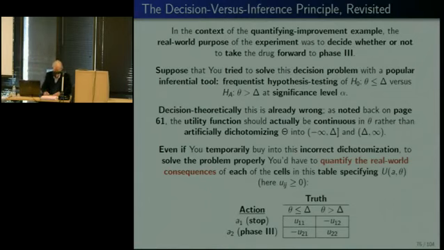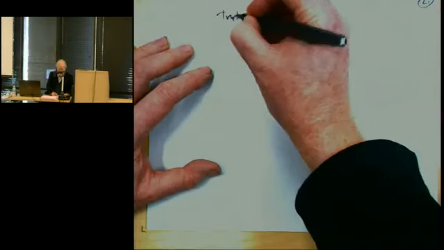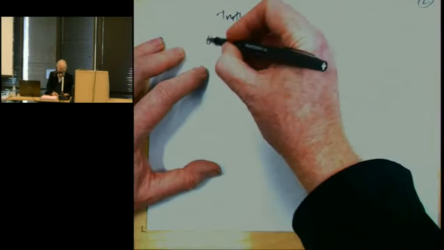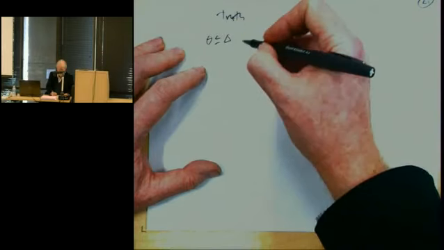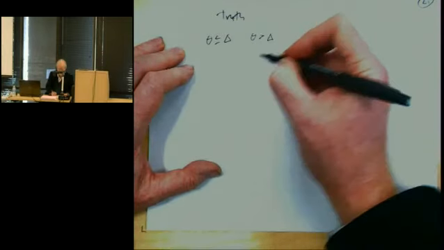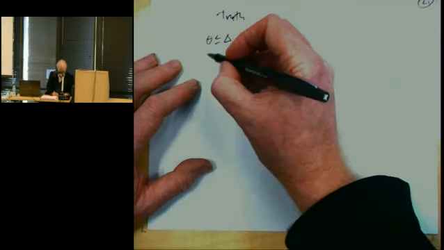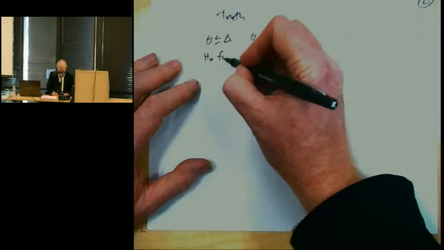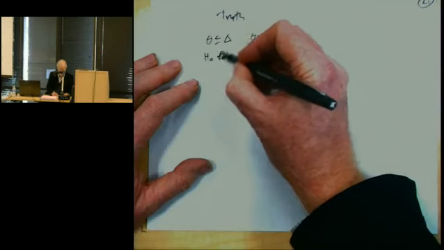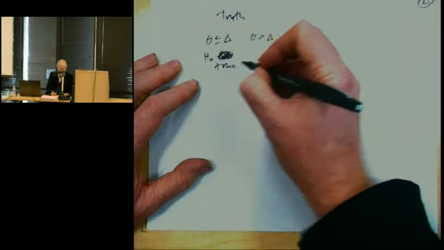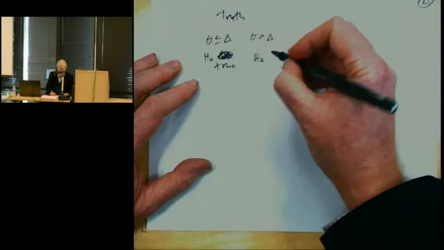So, truth, namely theta less than or equal to delta versus theta greater than delta. And this one corresponds to H0 false. No, I'm sorry, H0 true. And this one to H0 false.